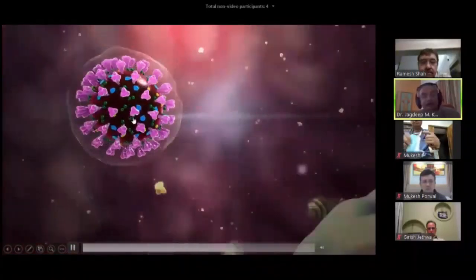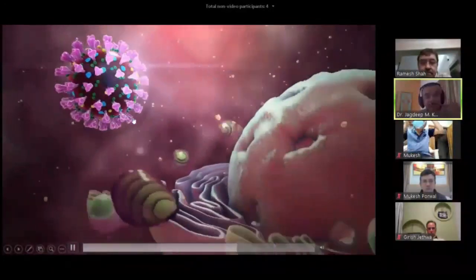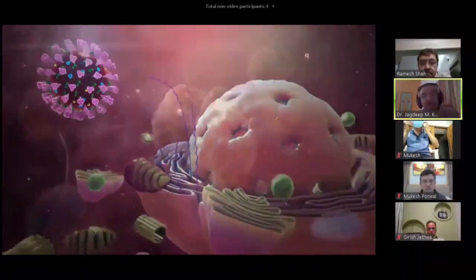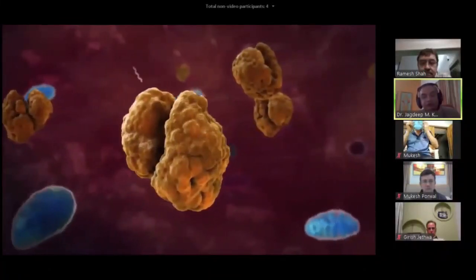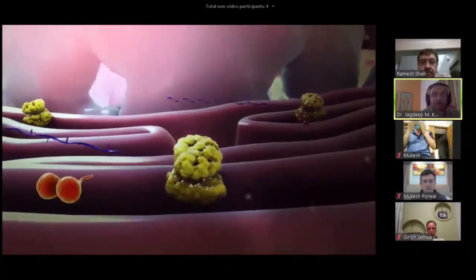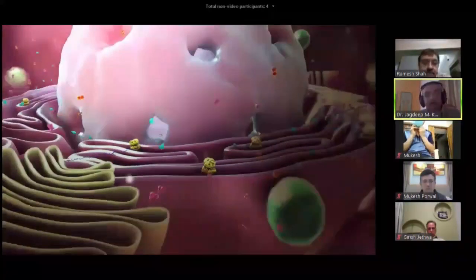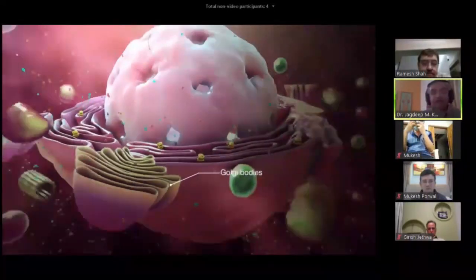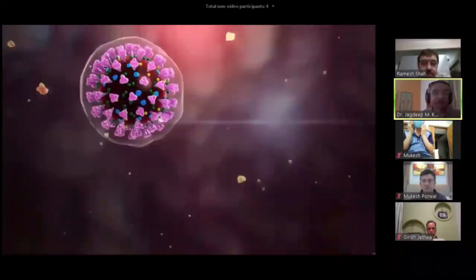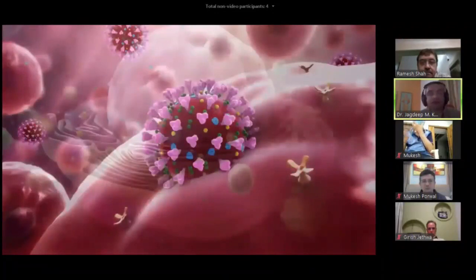Once inside the cell, the virus starts giving its instructions to the ribosomes. It takes over the Golgi apparatus completely and forms its own replications. And when it forms about 1,80,000 replications, the cell is so swollen that it will die, and these viruses will come out.